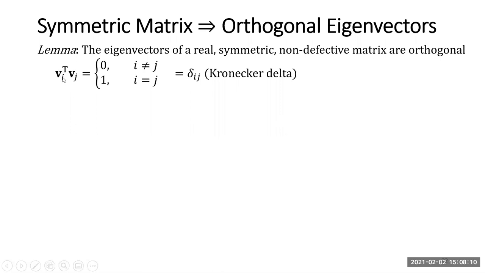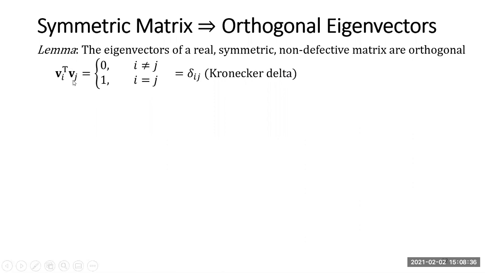And of course, if i equals j, then we are looking at Vi transpose Vi, which is the squared Euclidean norm of Vi. And since Vi is a unit vector, its squared length must be equal to 1. Hence, this is what the lemma actually says.